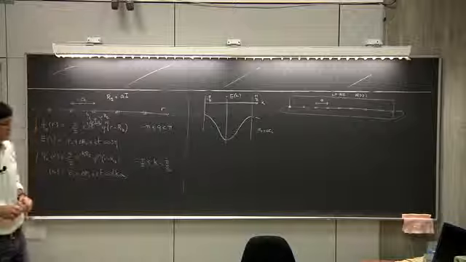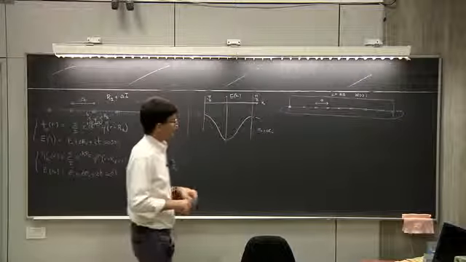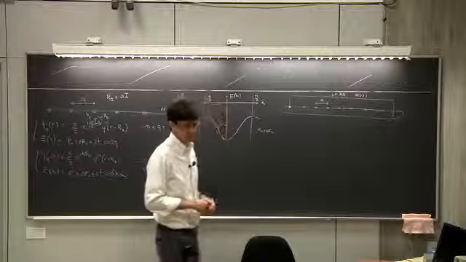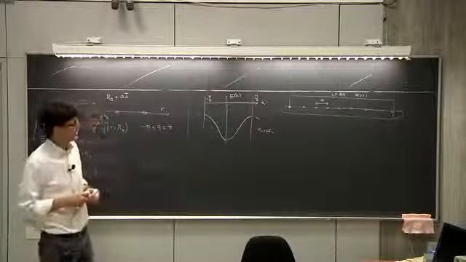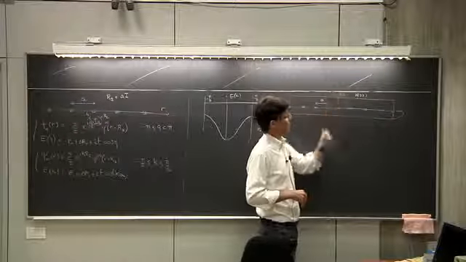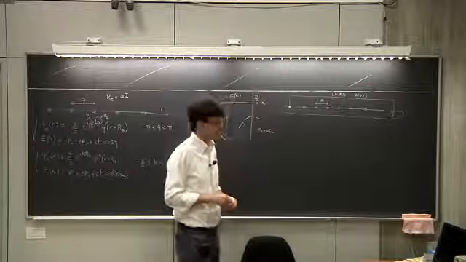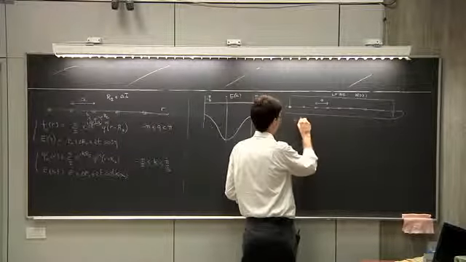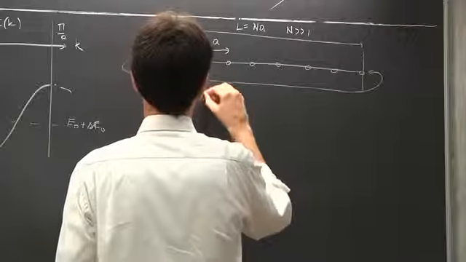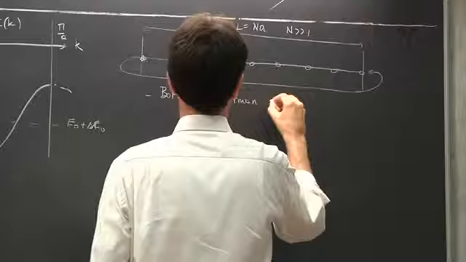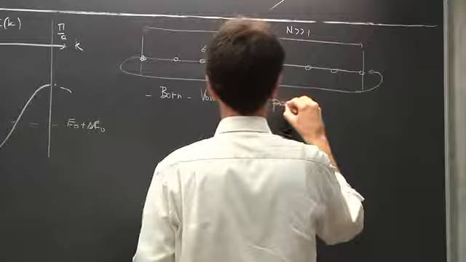Okay? So we're not going to truncate the system, but we're actually going to make it periodic over this very large periodicity given by very large n and a very large length Na. This kind of trick goes under the name of Born-von Karman periodic boundary conditions.